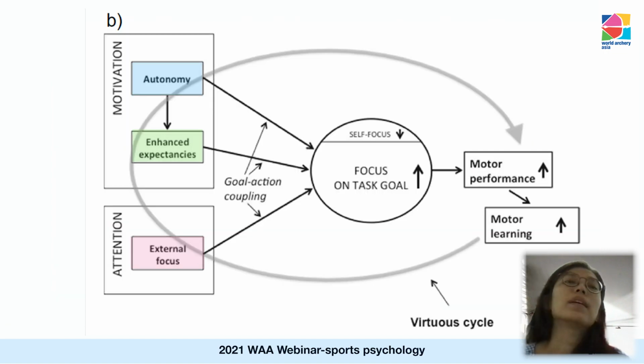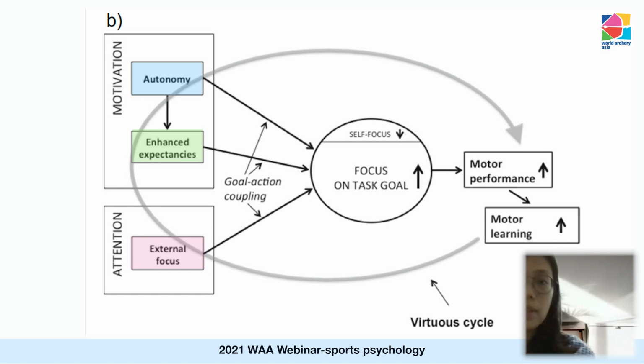The final part I want to end is whether these three parts are even better when they are added in combination. And the answer is yes. In this study, there is the combination of every two different components, meaning enhanced expectancy, autonomous support, or external focus of attention.